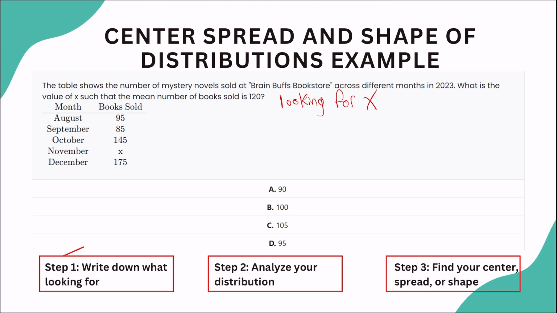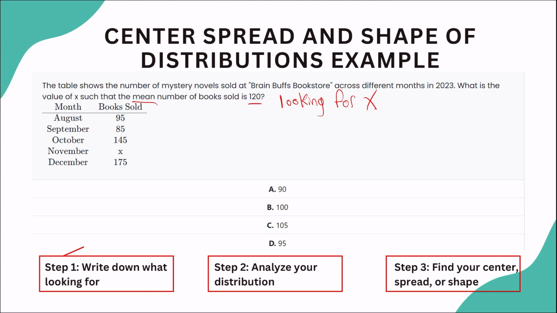I see that we have numbers for August, September, October, and December, but we are missing this November value. And I know it's telling us that this is the mean number, 120, and so we just have to remember our formula for mean. We add up all of our numbers, divide by the amount of numbers, and we get our mean.